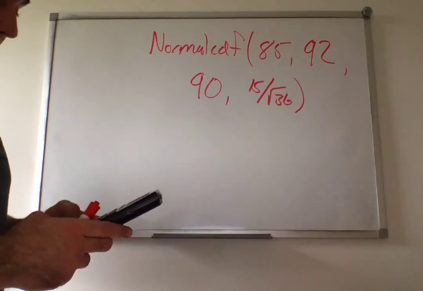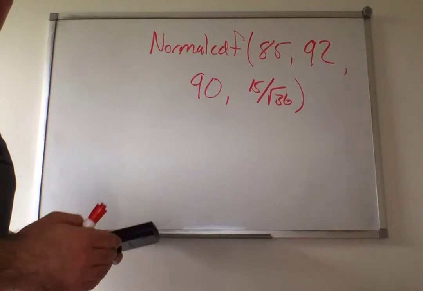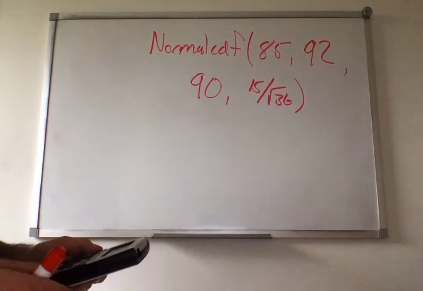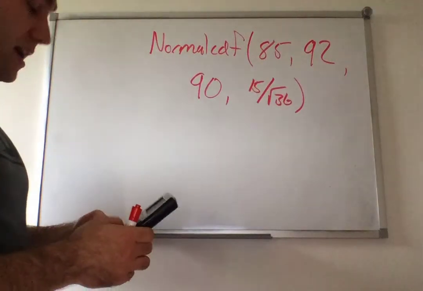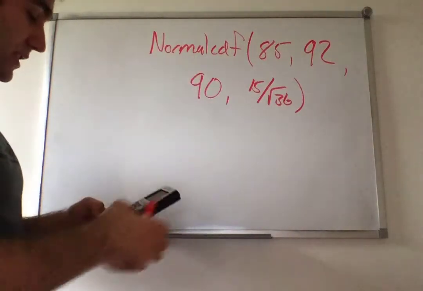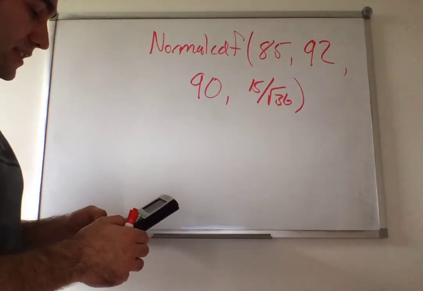So let's see, I put 85, 92. I go second, and then I go to vars. That's to get to my distribution. I went to normal CDF, and now I'm just typing in my inputs here. 15 divided by square root of 36.